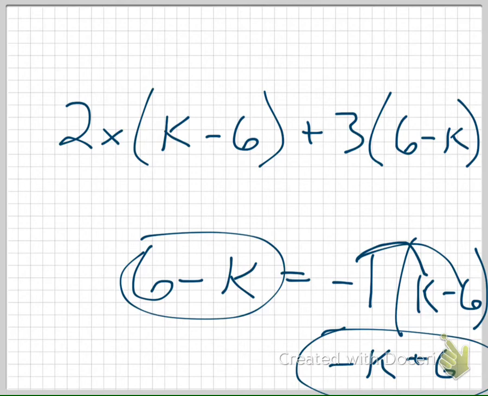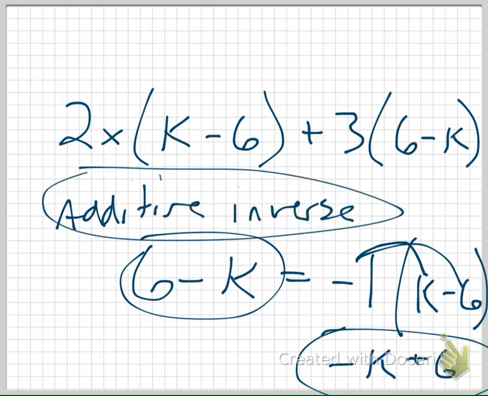It's called an additive inverse. Everybody write that word down. Additive inverse. I'm going to show you what you're allowed to do again.